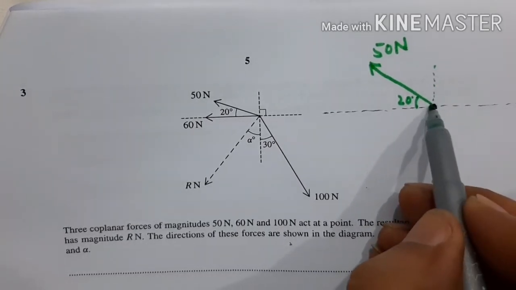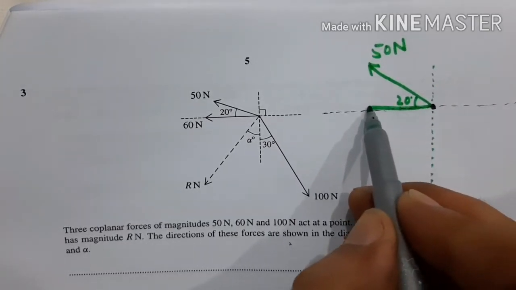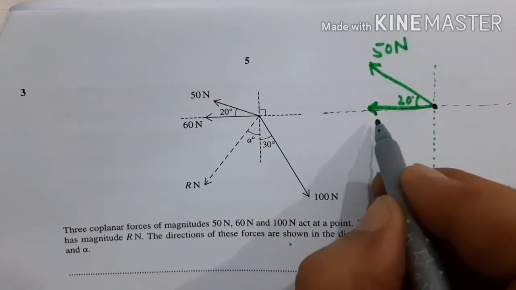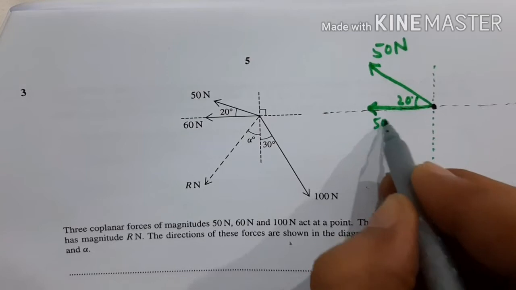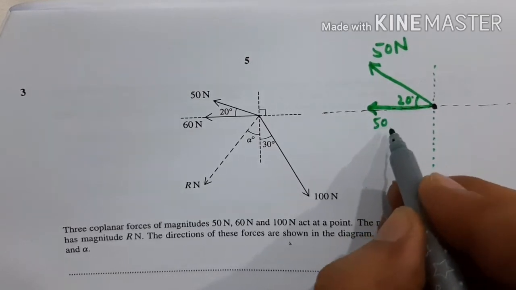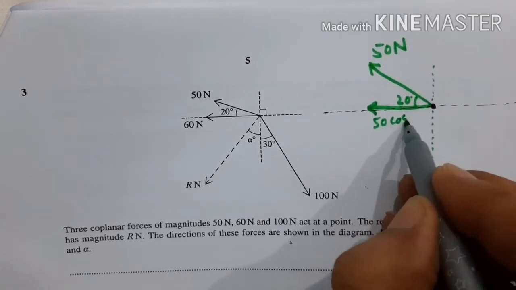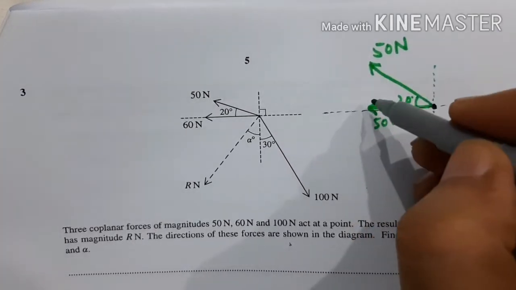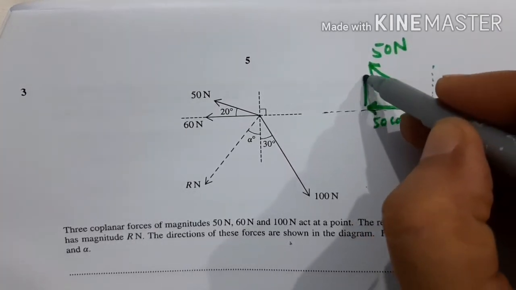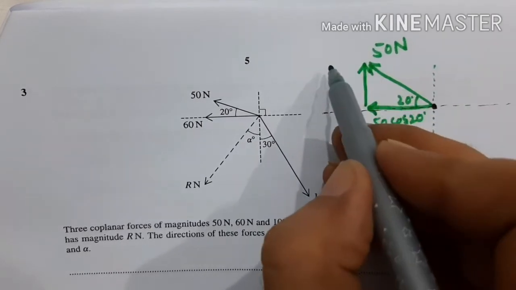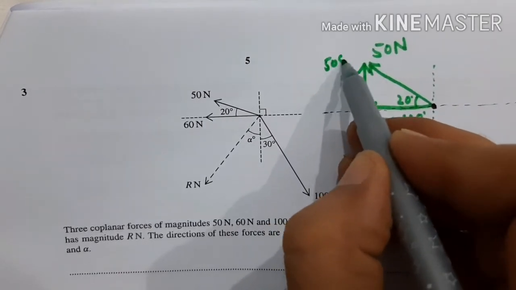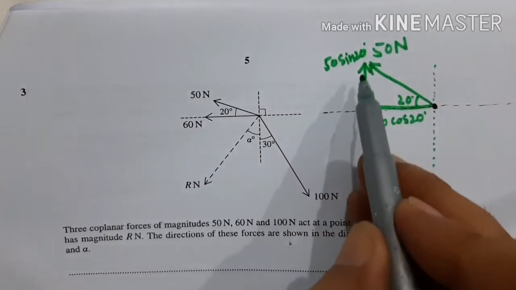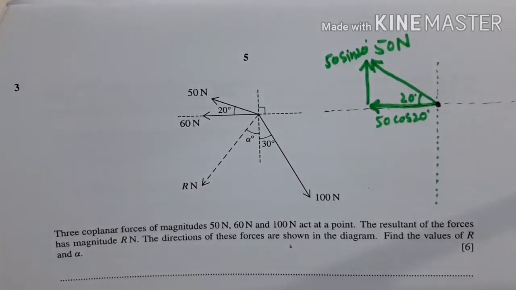It means this is 50 cos 20 degrees, because this is the horizontal component of 50 Newton, and this is 50 sine 20 degrees, because this is the vertical component of the force.